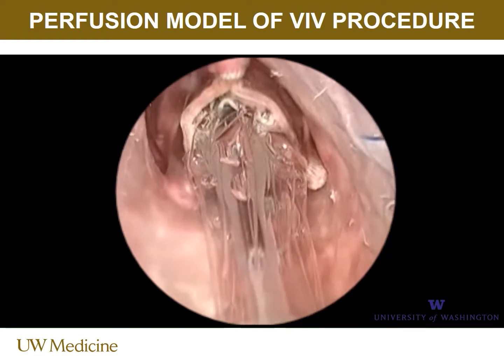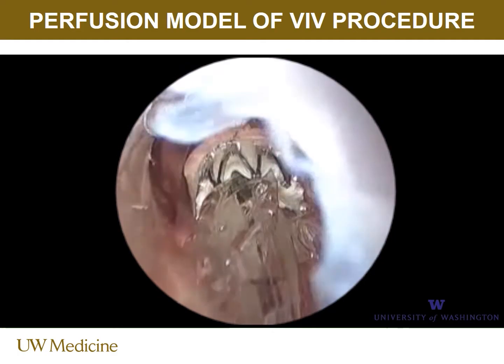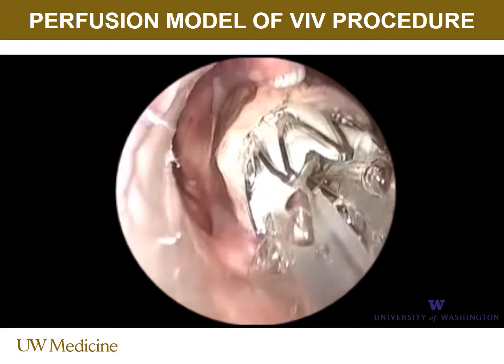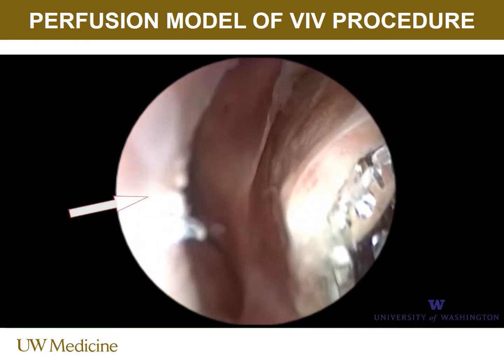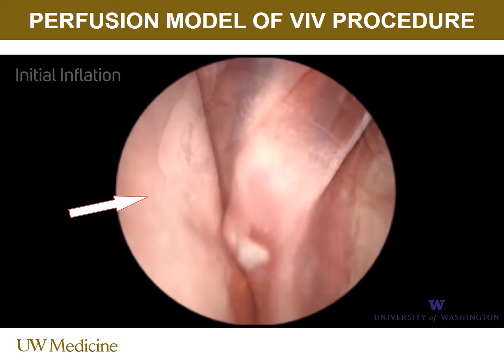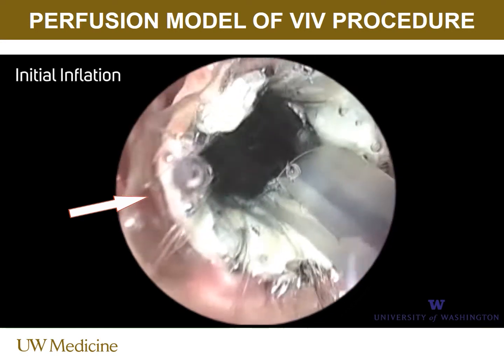Similarly, in this perfusion model that we have developed, you can see an approach for a valve-in-valve. You can see the TAVR valve being positioned. You see the bioprosthetic valve in place, and you see a small remnant of a stent of the native coronary artery.